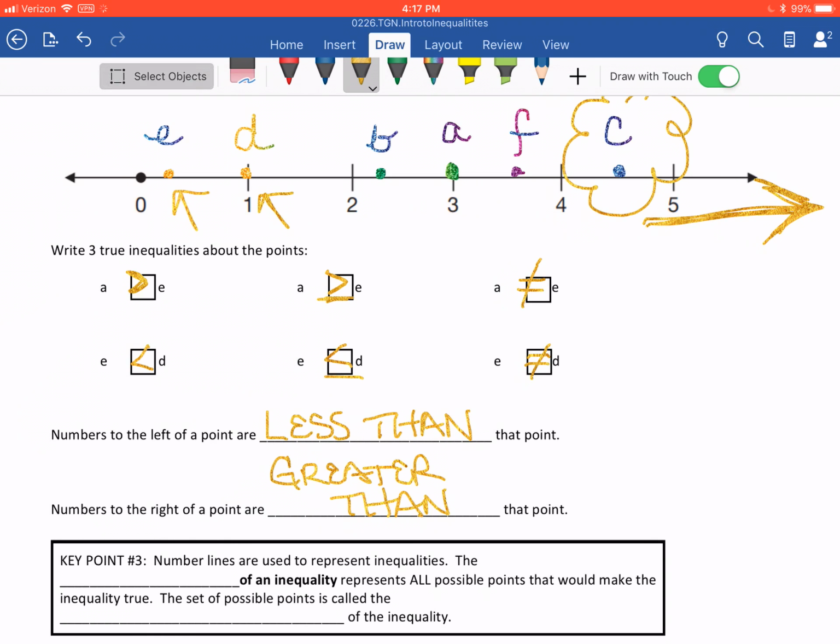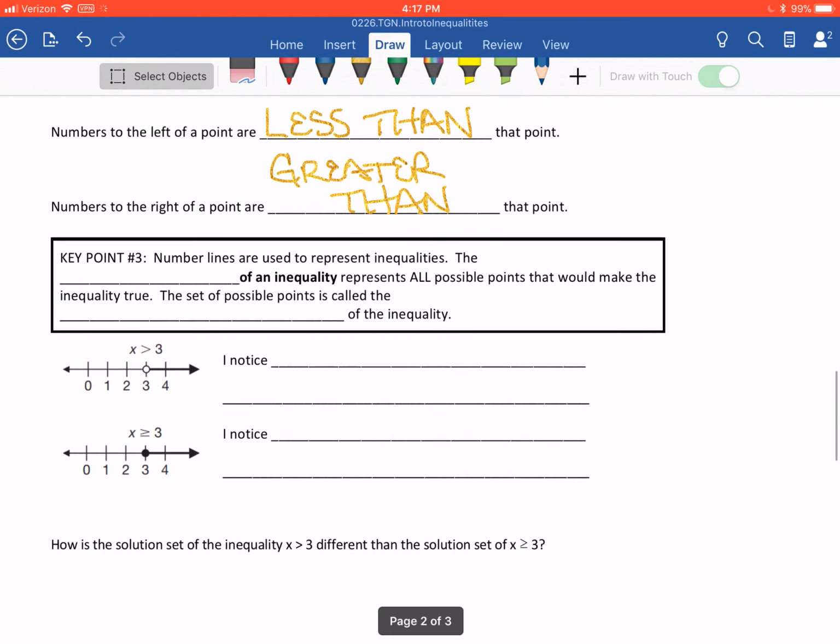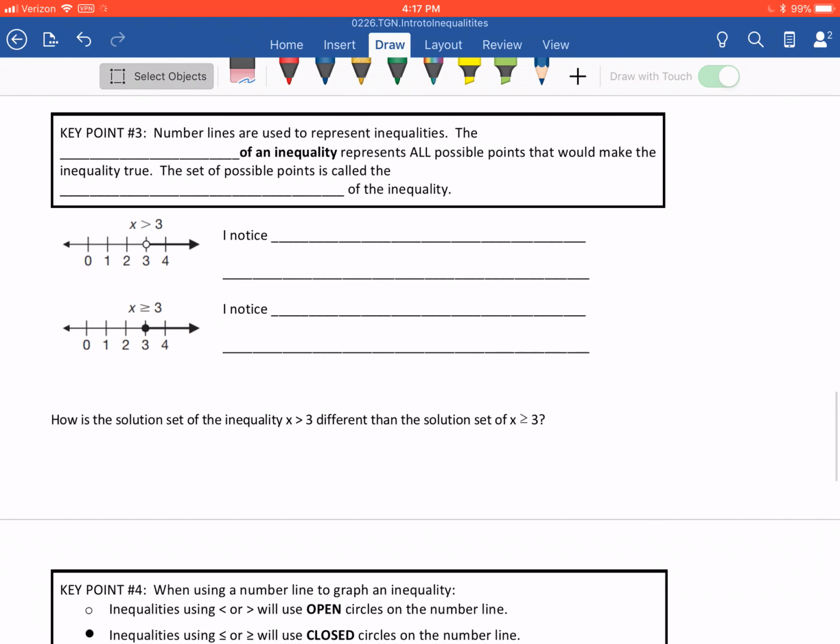This brings us to key point number 3. Number lines are used to represent inequalities. The blank, which is the graph of an inequality, that's just when an inequality is written on a number line. The graph of an inequality represents all possible points that would make the inequality true.